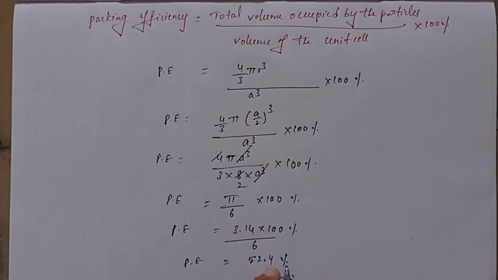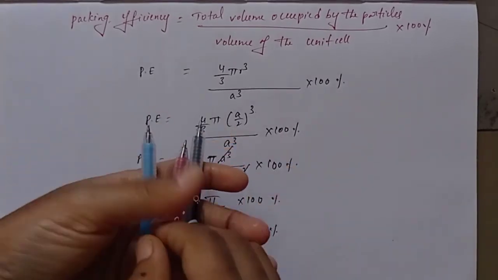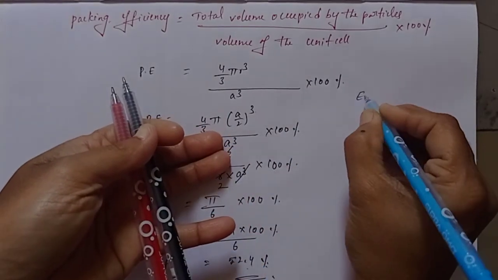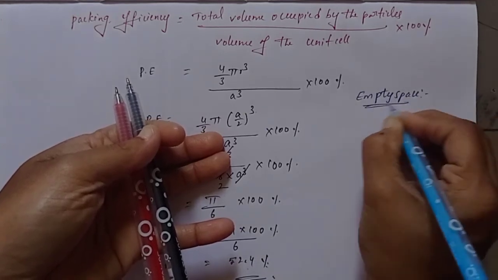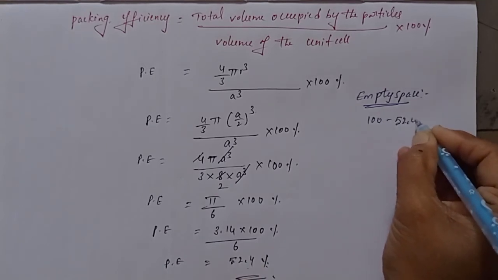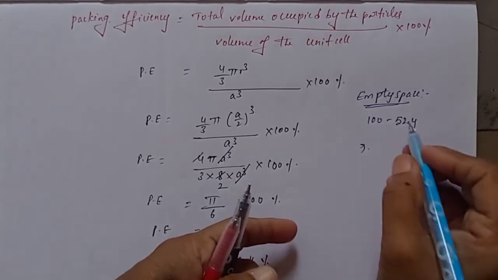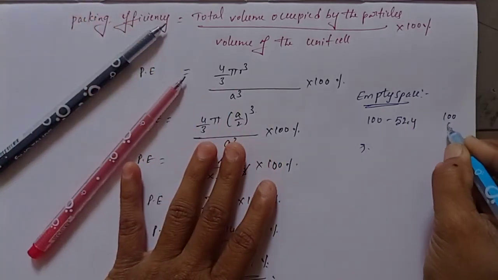Okay, now what is the empty space? What is the remaining space, students? How to find it? We have to subtract from the total 100: 100 minus 52.4.